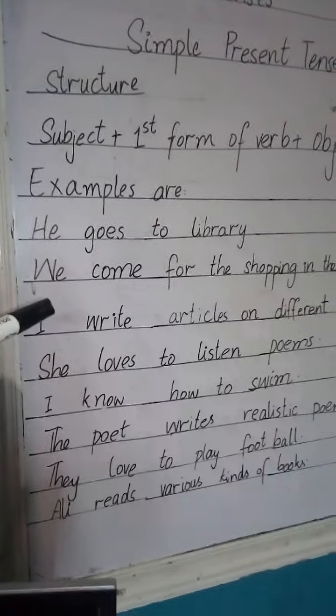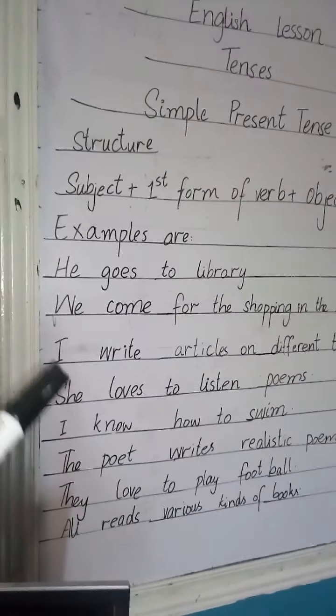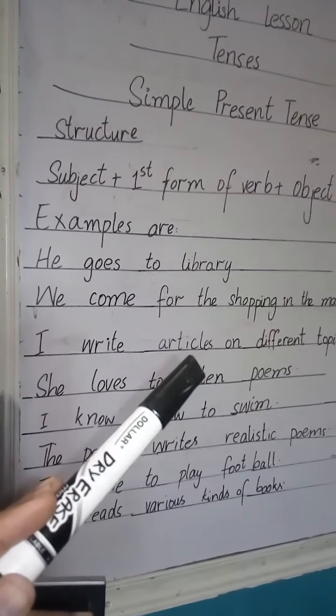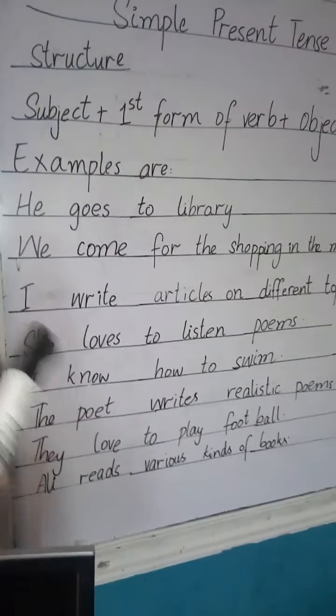We is again the subject, come is the verb, the action, and for the shopping in the market is the object. I write articles on different topics. I is again a subject, a person; write is the first form of verb; articles on different topics, articles are the object. In this way I have written some of the sentences.